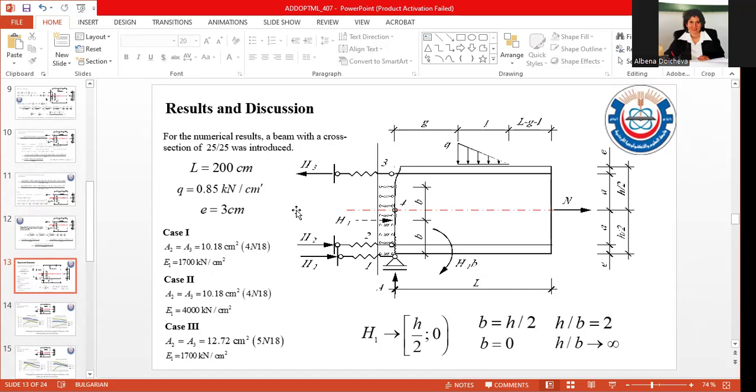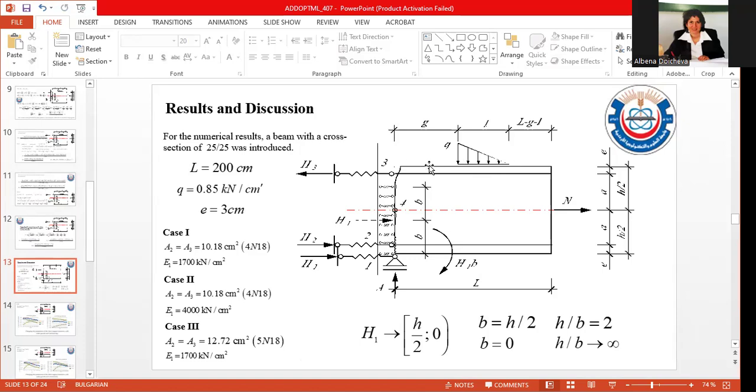Result and discussion. For the numerical result, a beam with a cross-section 25 by 25 was introduced. The length of the beam is 200 centimeters. The intensity of load is 0.85 kilonewton per centimeter. The length of our linear distributed load is about 65 centimeters.